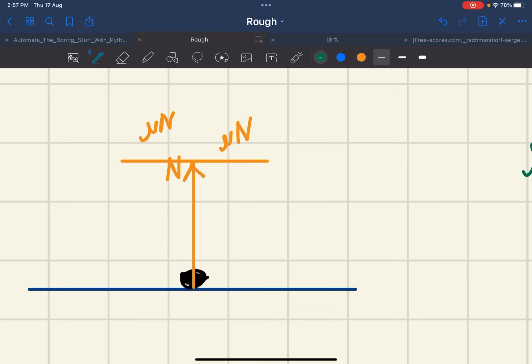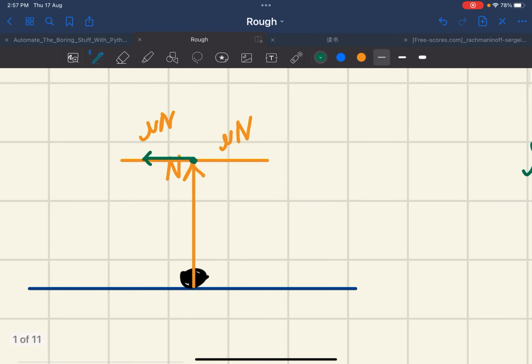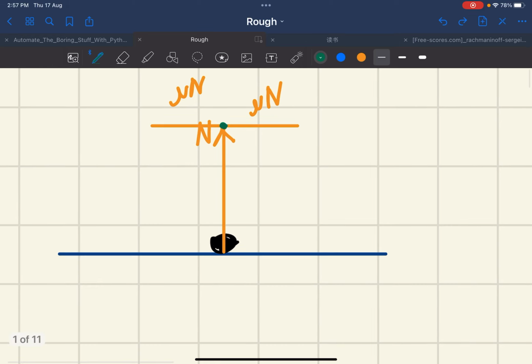The friction vector can only lie with its tail here, and its tip can only be inside this orange horizontal line that we draw, right? If it exceeds, then its magnitude is bigger than μN, which is not a physical possibility.